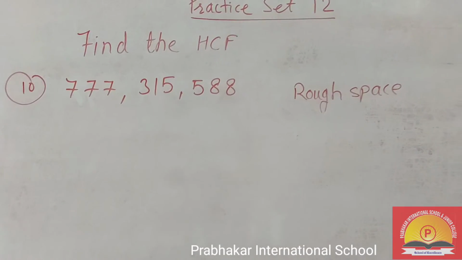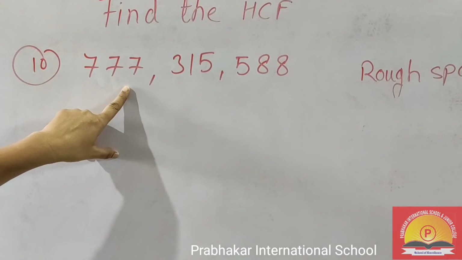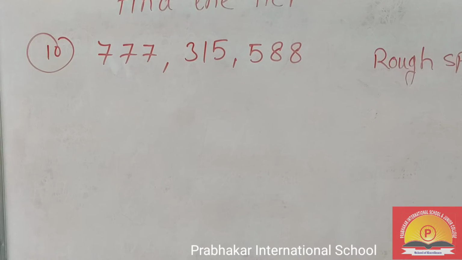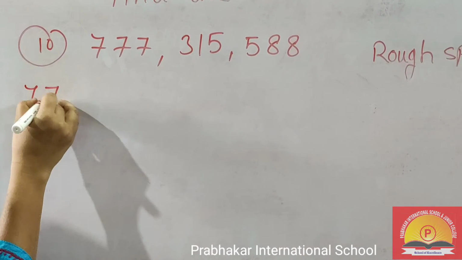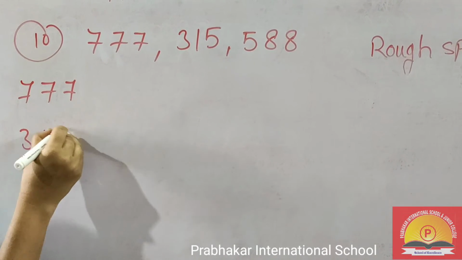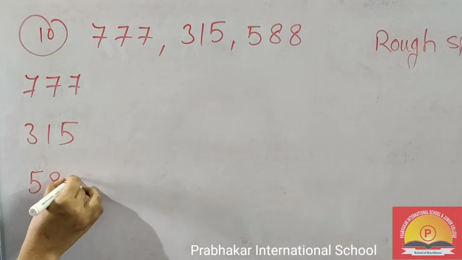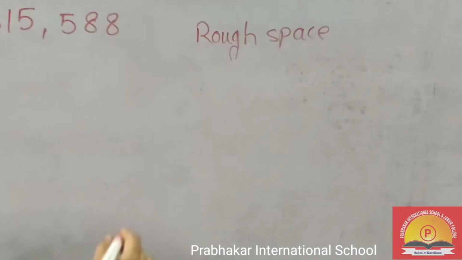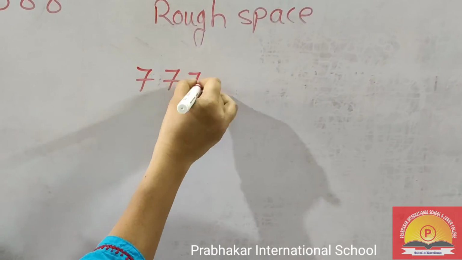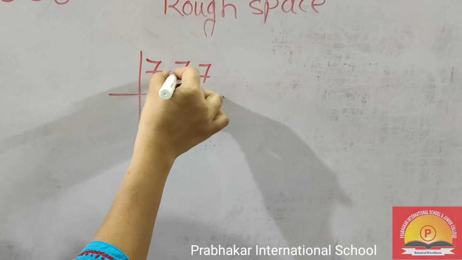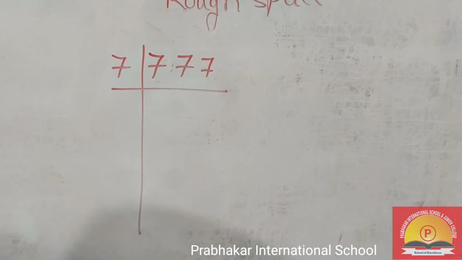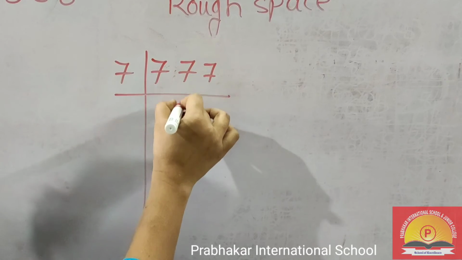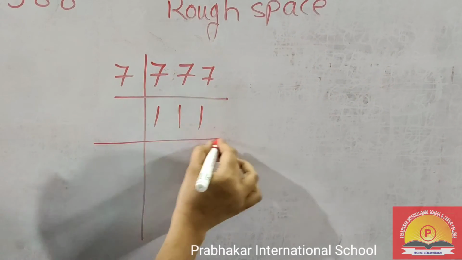Question number 10. Find the HCF of 777, 315 and 588. So one by one we are going to find out the prime factors of all these numbers. 777, 100% this is divisible by 7, right? 7 ones are 7, 7 ones are 7, 7 ones are 7.